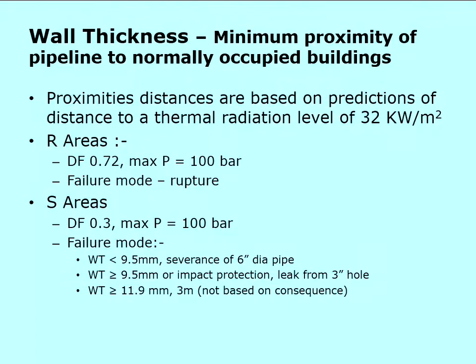The wall thickness limits were obtained from research. This is a simplification of what the research did, but what they did was to look at the effect of impact damage on the pipeline.